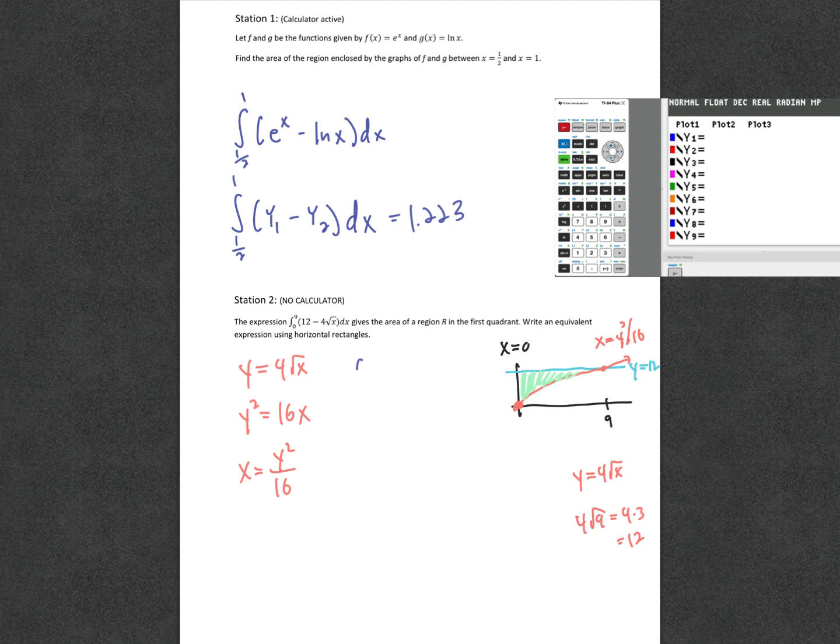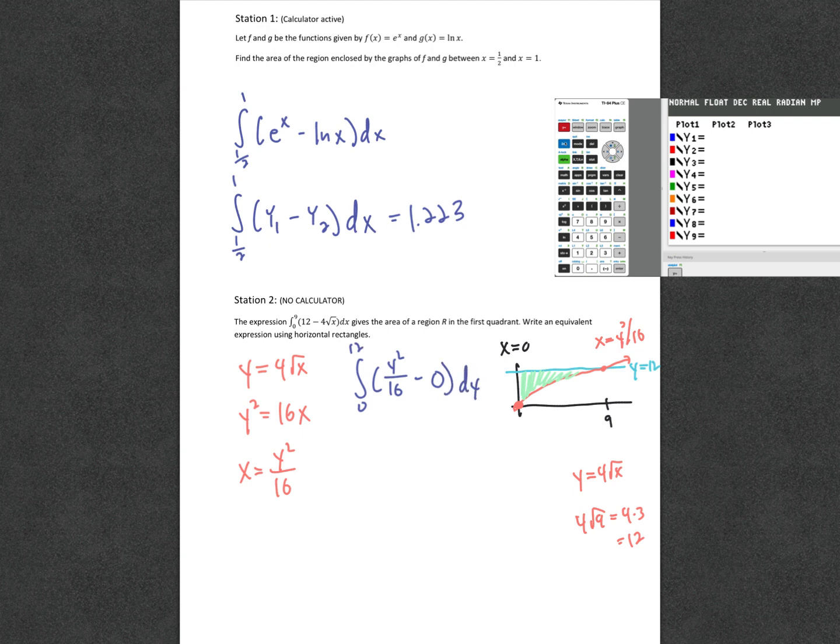So here, let's do that. Now we know we're going to do from 0 to 12. Then our right function is y squared over 16 minus, and then our left function is technically 0. We don't have to write that obviously, but just to show work.